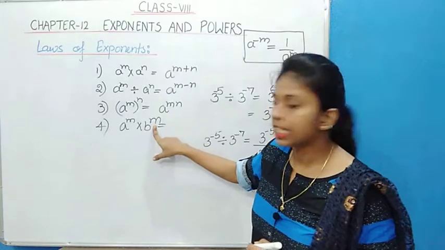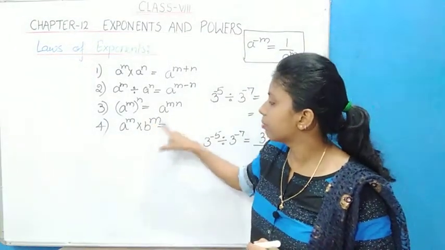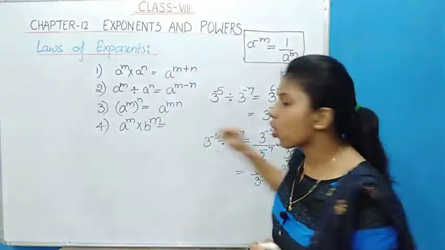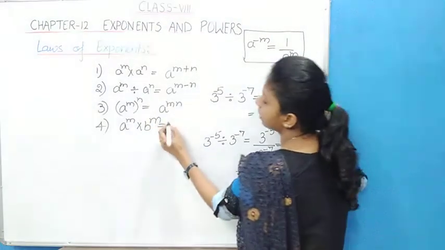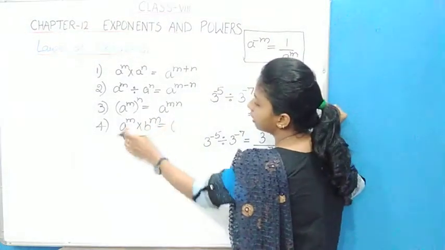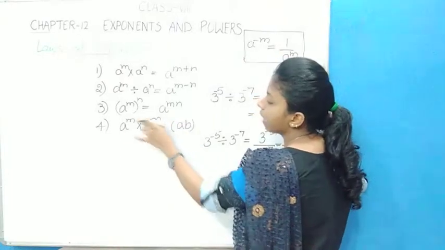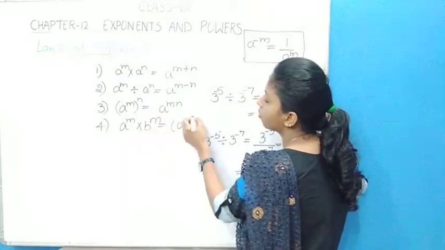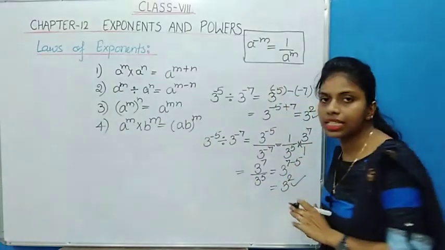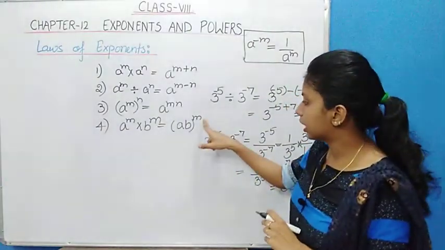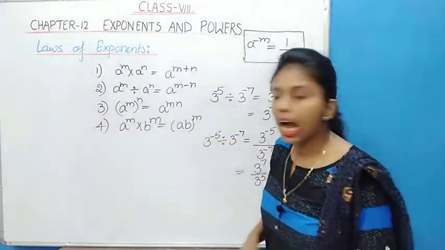Here the bases are different but the power is the same. So after multiplication, the bases are multiplied with each other. So A into B can be written as AB, and overall we put the power as m. Okay, so this is the fourth identity.